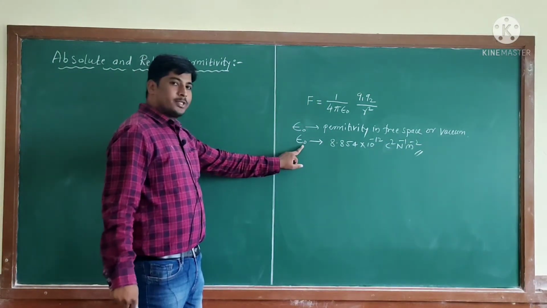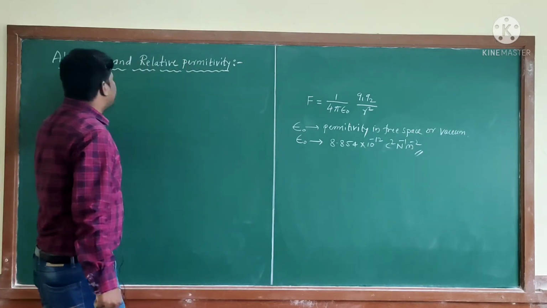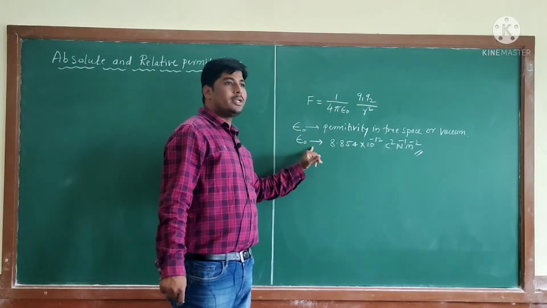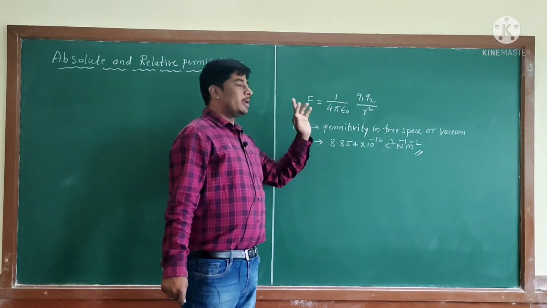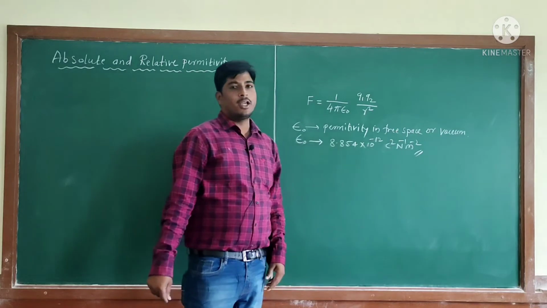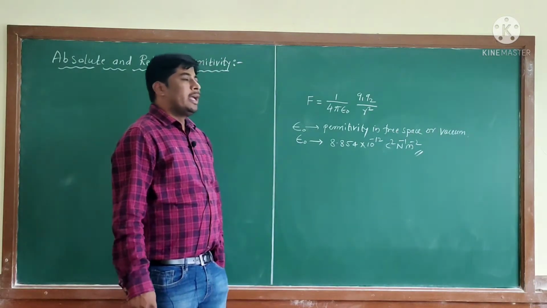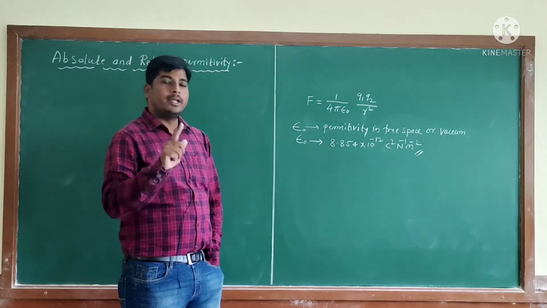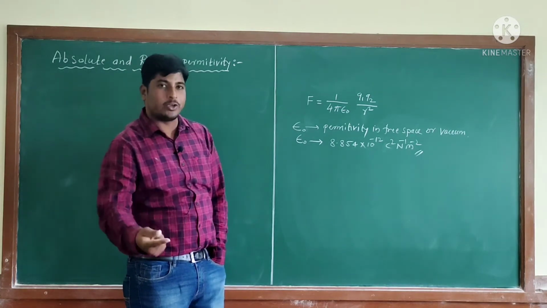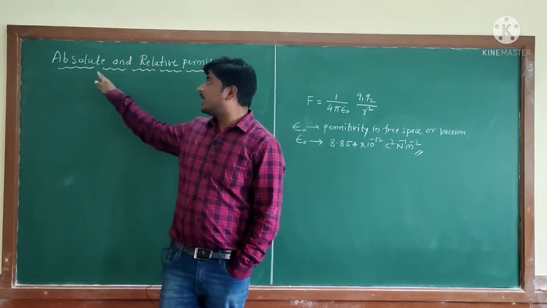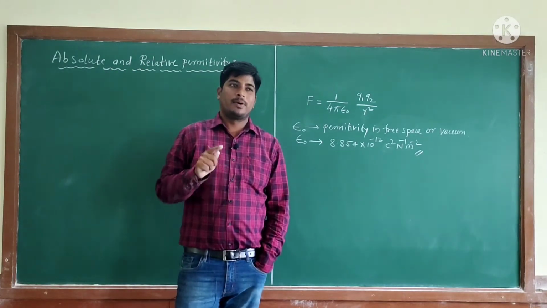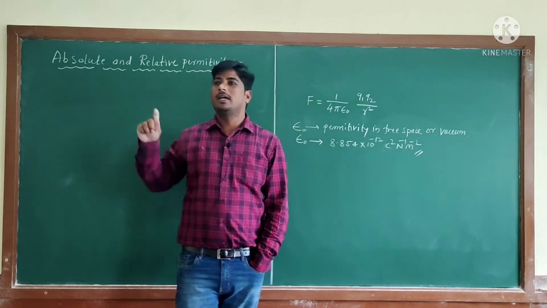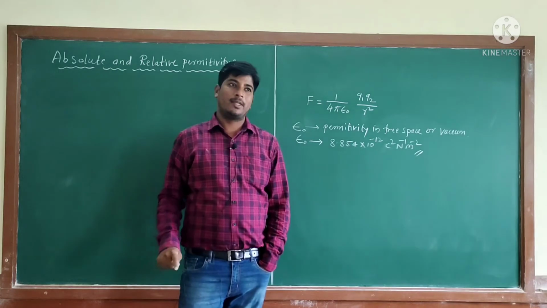So this epsilon naught stands for the absolute permittivity. Epsilon naught means it is the absolute permittivity in free space or vacuum. When the medium is air or vacuum, we call it the absolute permittivity.